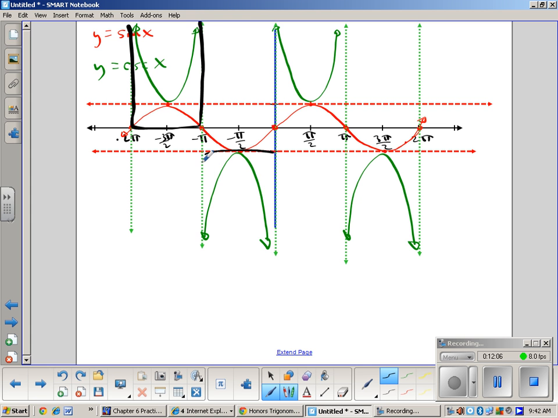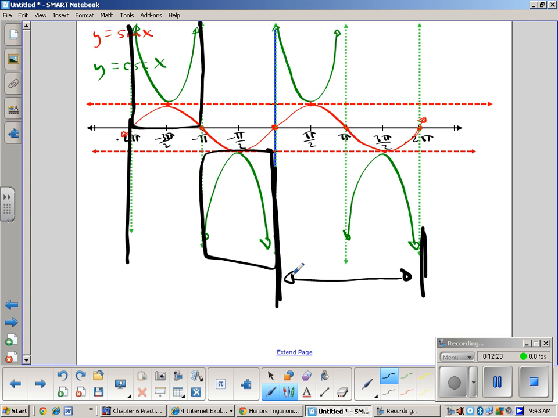The other half are covered over here. And so it's 2 pi units from here to here, and then it starts over and it would be 2 pi again from here to here. So my period is 2 pi, just like the sine graph.